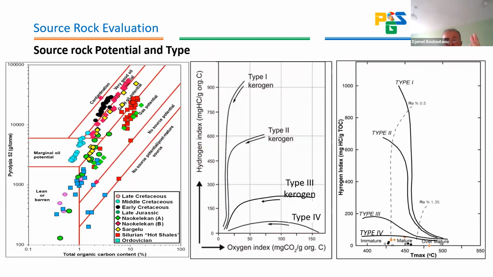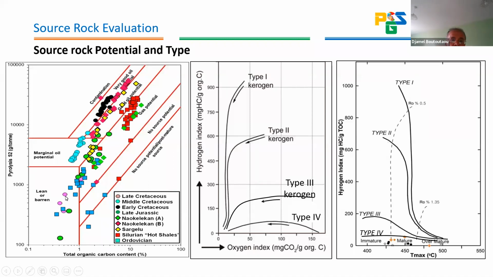Then, to be able to interpret our data easily, we can plot our organic richness against the source rock potential, hydrogen index against oxygen index, and hydrogen index against maturity, which is the Tmax.